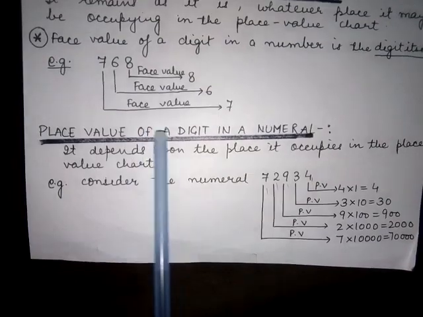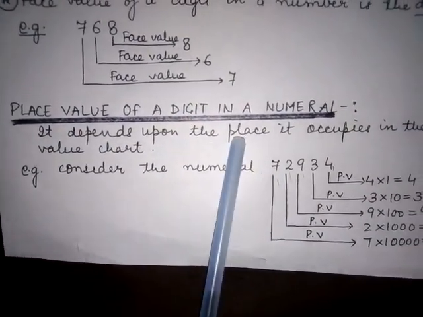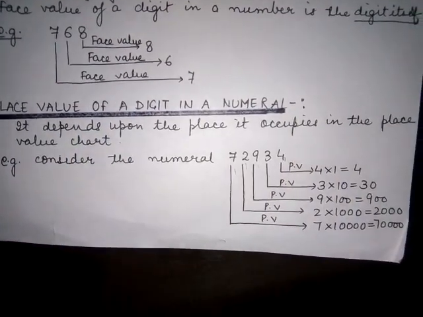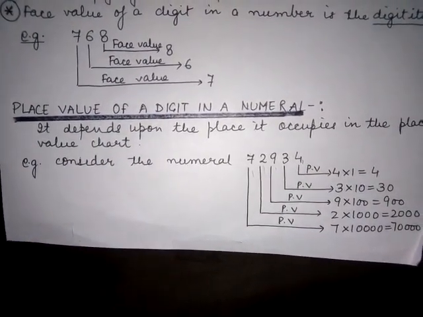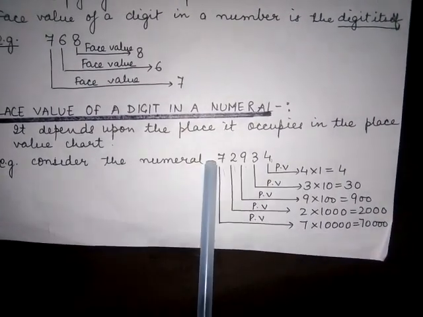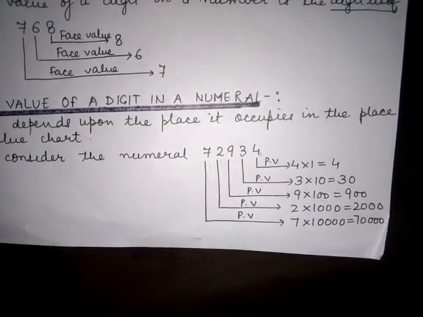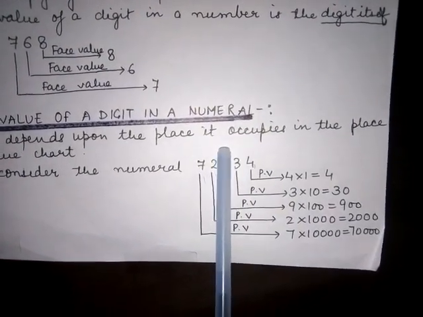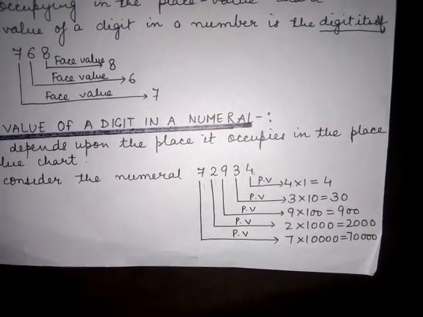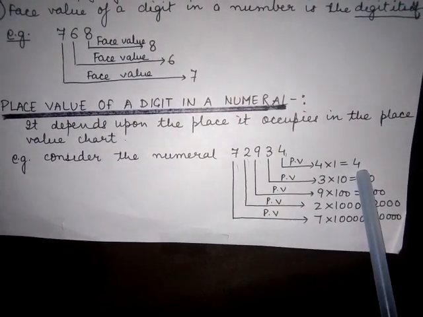Now place value of a digit in a numeral. Place value depends upon the place it occupies in the place value chart. As you can see this numeral, 72934, you start reading from the extreme right. Ones, tens, 100, 1000, 10,000. So accordingly, what is the place value of 4? 4.